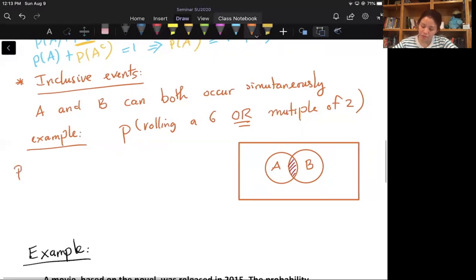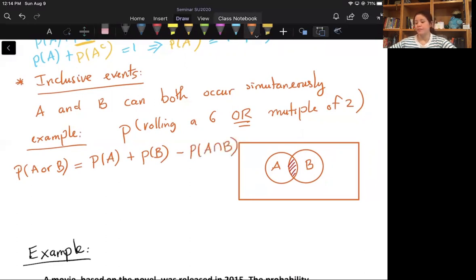If A and B are inclusive events, then P of A or B is equal to the probability of event A plus the probability of event B, and subtract the overlapping that you double counted, P of A and B. Oh, by the way, this notation means and, and this is or. It's a little side note there.